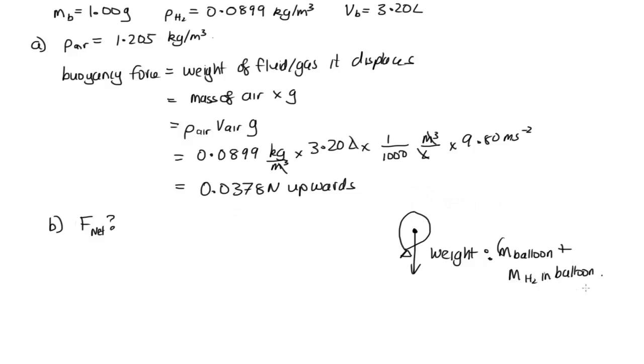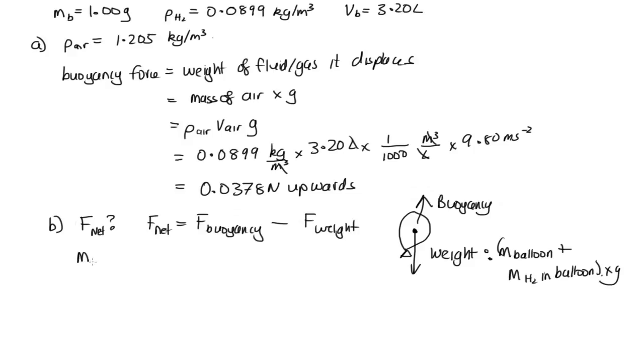And to get it as a force, we'll need to times that by g. And then we've got the buoyancy force, which we've just calculated here, pulling it upwards. So the net force is going to be equal to the buoyancy force minus the weight force. So let's start by working out the weight force.